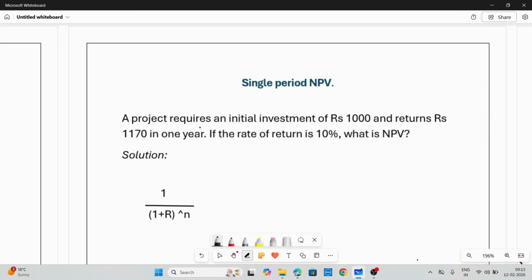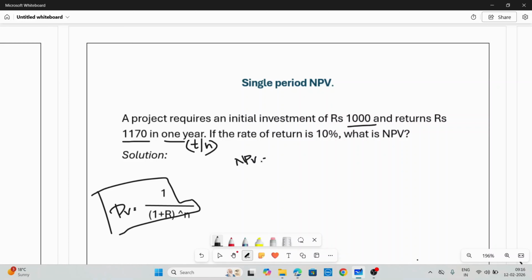A project requires an initial investment of rupees 1000 and returns rupees 1170 in 1 year. So this is time or N. If the rate of return is 10%, what is NPV? This is the PV formula. We don't use this here. We use the formula of NPV.